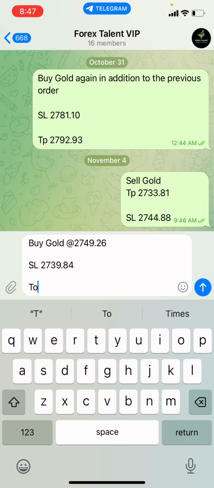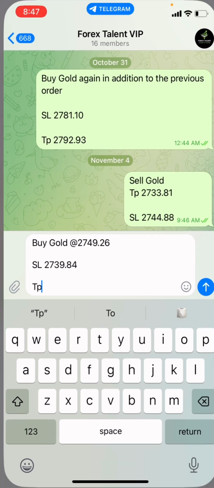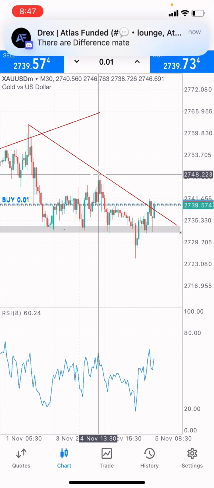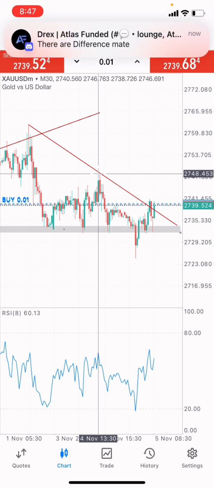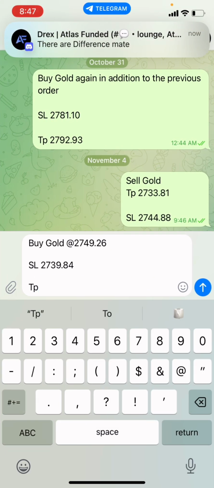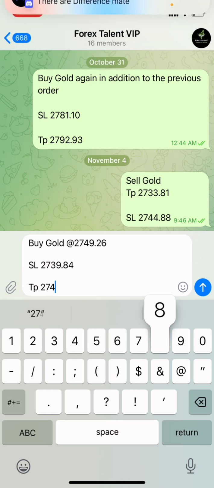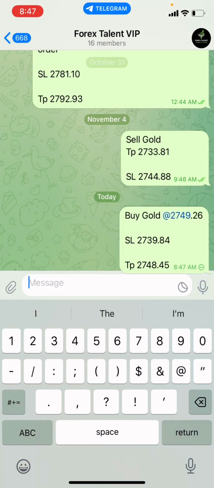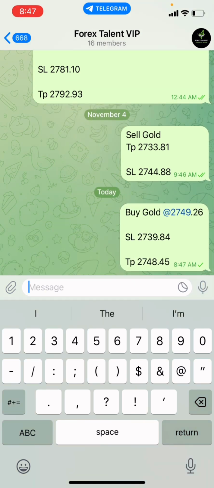And then TP should come around here, 2748.45. Good. So that is what we have for today.